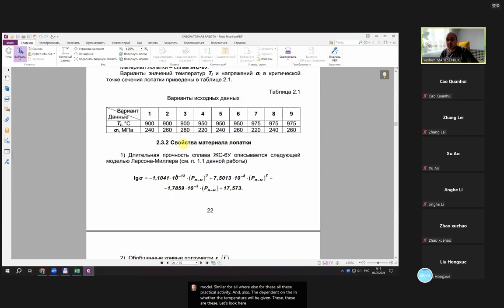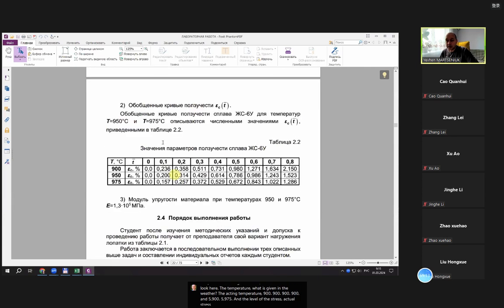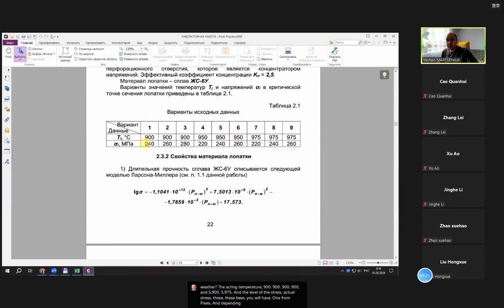The acting temperature: 900, 900, 900, 950, 975. And the level of the stress, actual stress, you will have one from the fixed variants. And depending on this, from this table, you should take the epsilon C and the relative time.